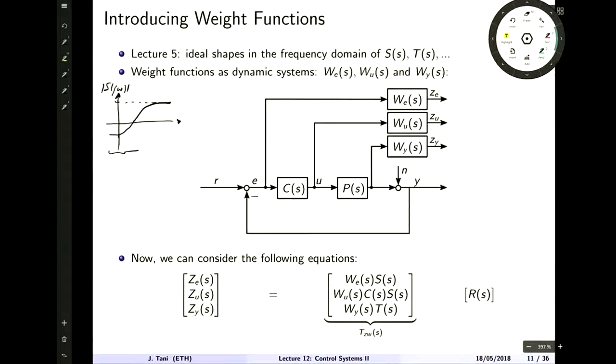So I have WE here, and I make it very big here, but smaller over there, right? So what does it mean? If I multiply these two, I bring everything to the same level. So I can give a weight to some ranges of frequencies, and then it makes again sense to minimize the cost function in an infinity norm sense.